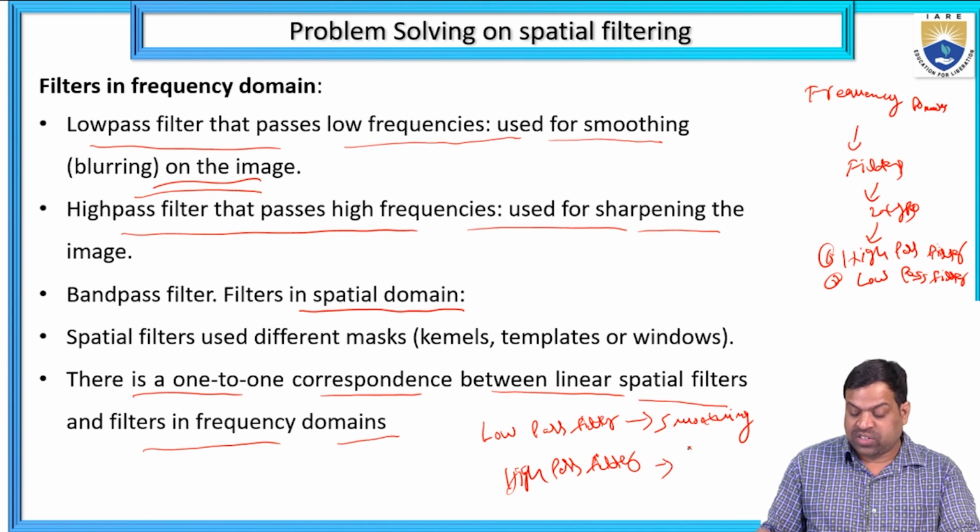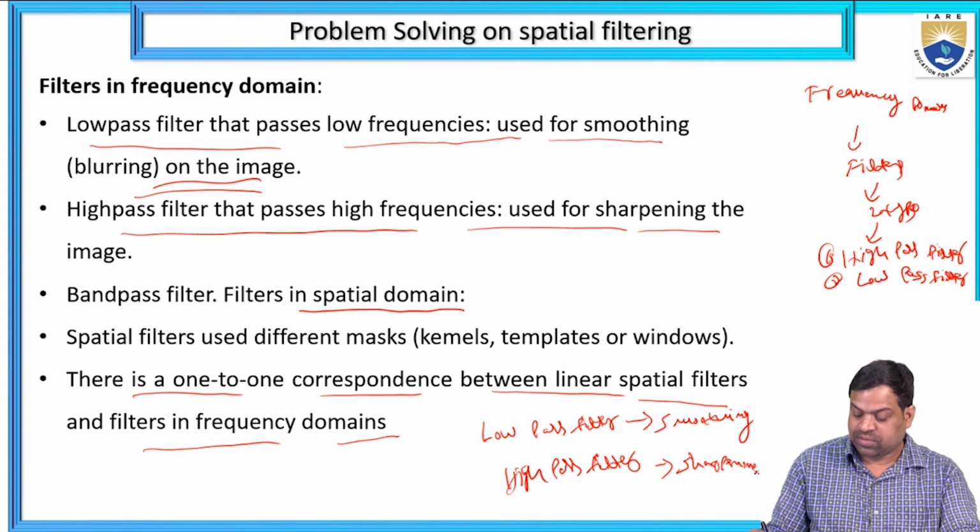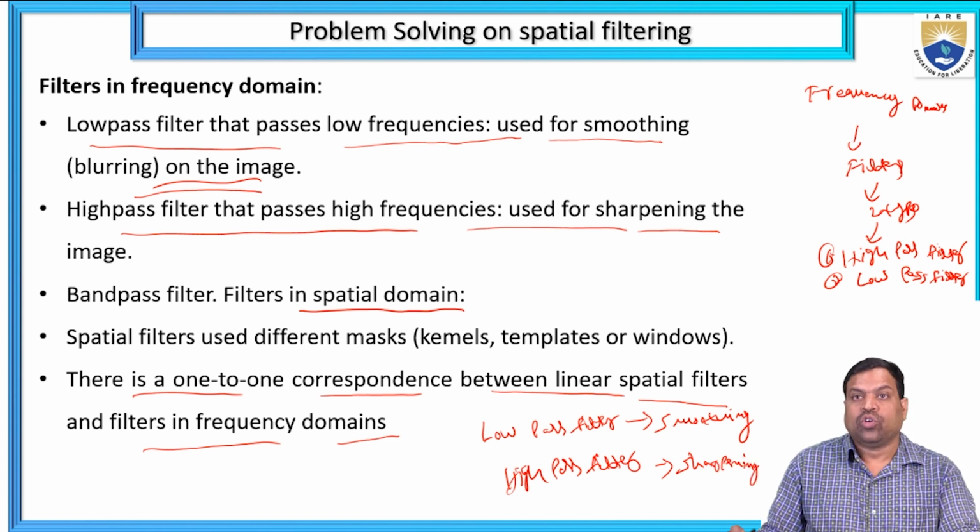High pass filters are for sharpening. So low pass filters are for the smoothing and high pass filters are for the sharpening of the image. And the band pass filters are in the spatial domain.